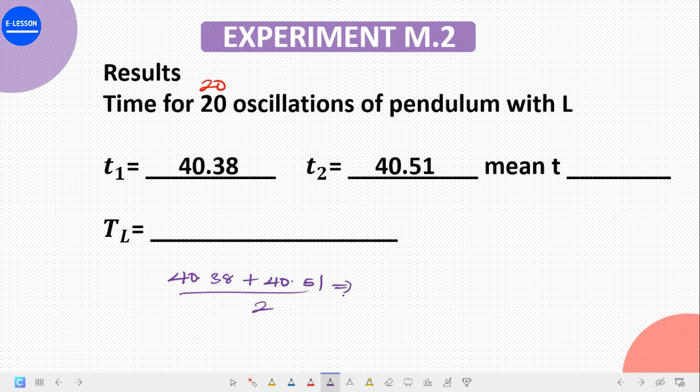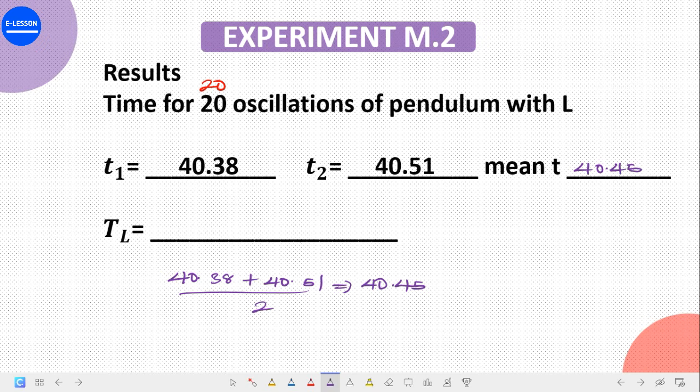When you do this with your calculator, that will give us 40.45. It means our mean time is 40.45.